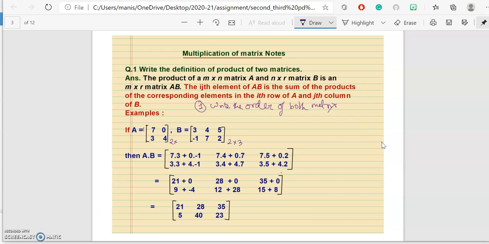Now you have to perform a test over here. You have to check the number of columns of the first matrix.